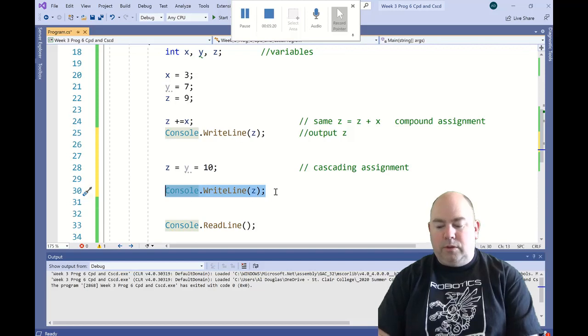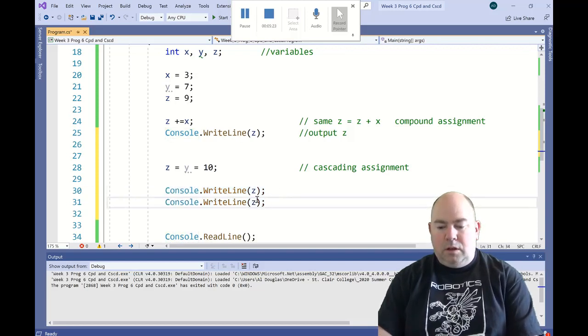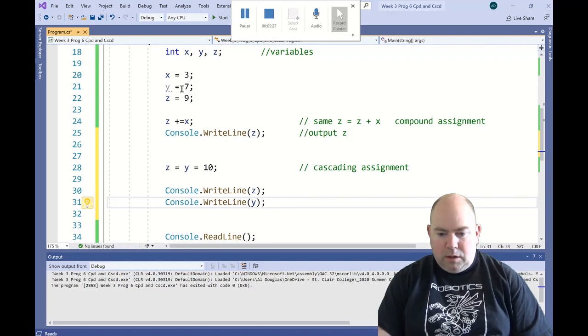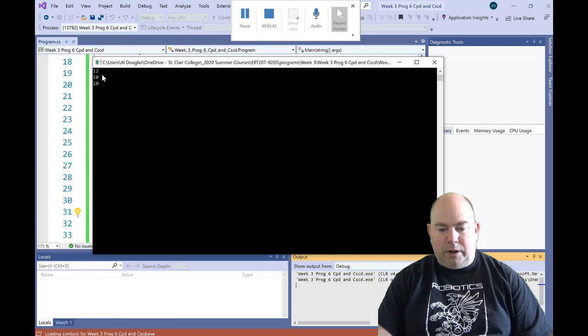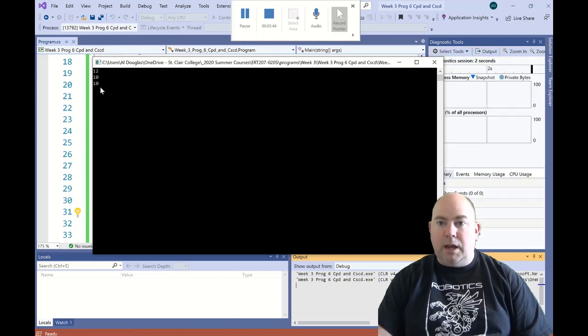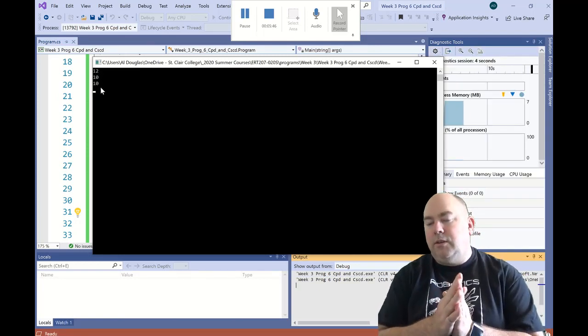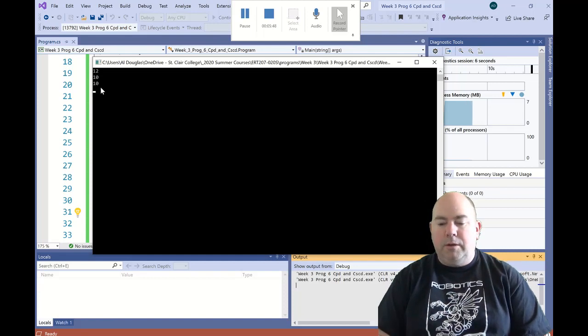Just to prove this, you can see we did have 9 and 7 in here. Now I'm going to redefine these both as 10, and I should get a 10 and a 10 here. So I'm going to get a 12 first, because that's the first thing I had in there, and then I have 10 and 10. So that is the cascading assignment showing up there.